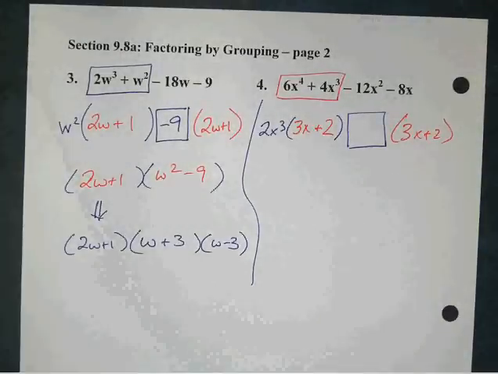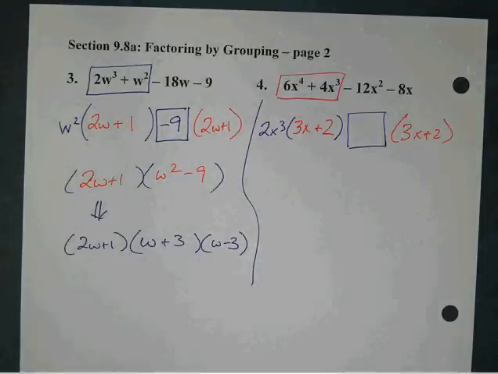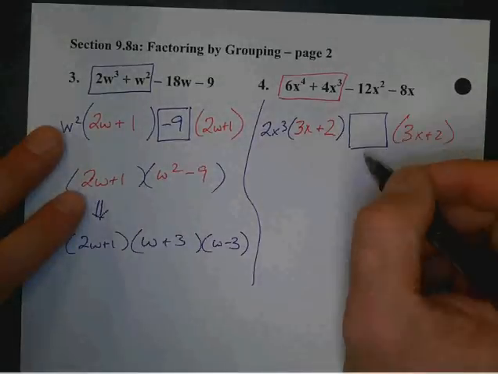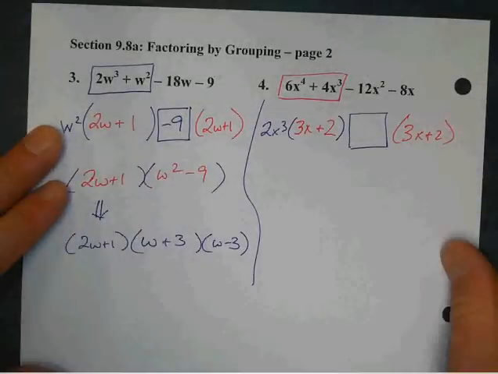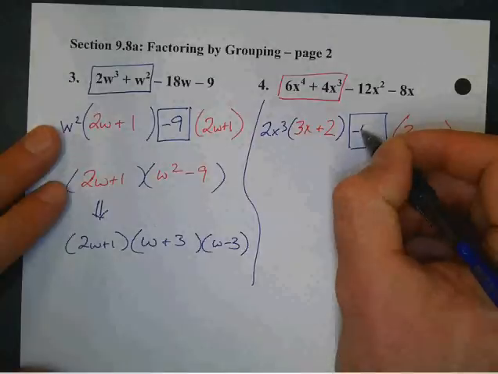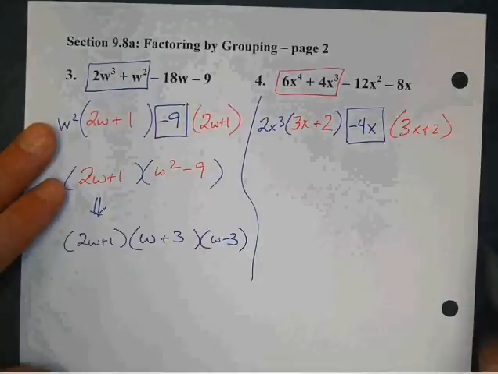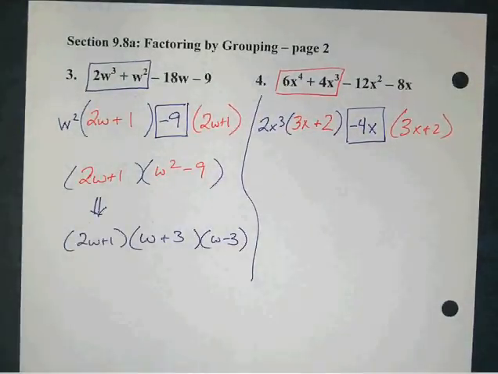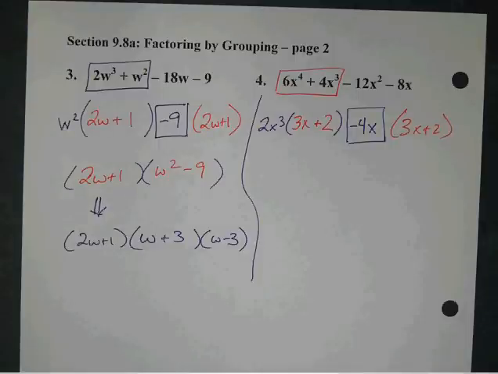Big box? Negative 4. Why negative 4? Because you divide negative 8 by 2. I disagree. Negative 4x. Sorry. How do we know? Negative 8x divided by positive 2, negative 4x.